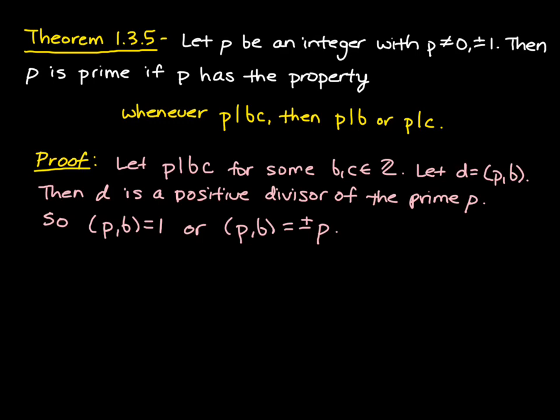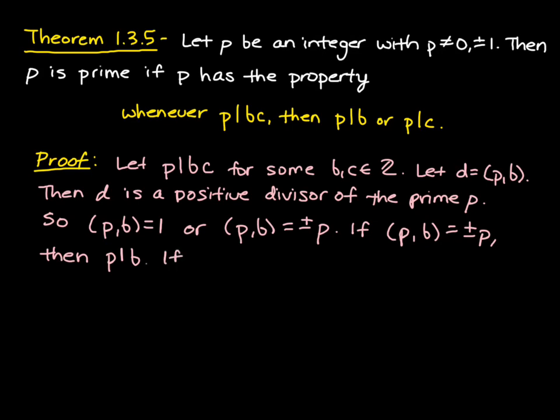Okay, and we're just going to choose whichever one's positive. So let's suppose that p is a factor of b. So that means that if p is a factor of b, then it divides b because it's a factor.